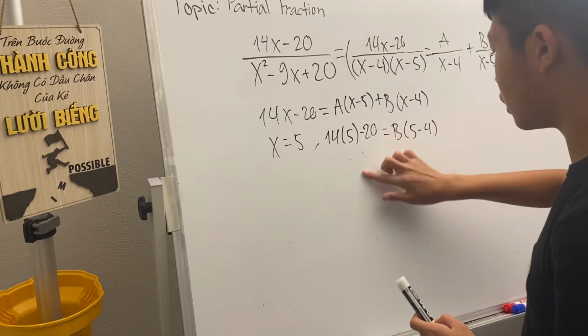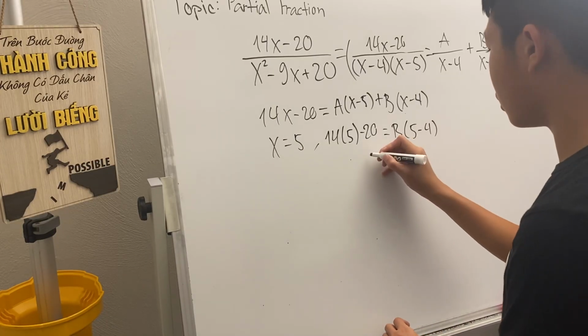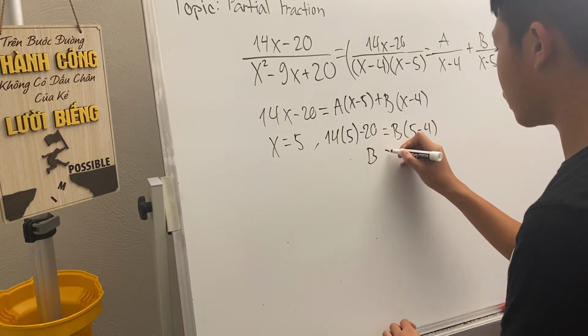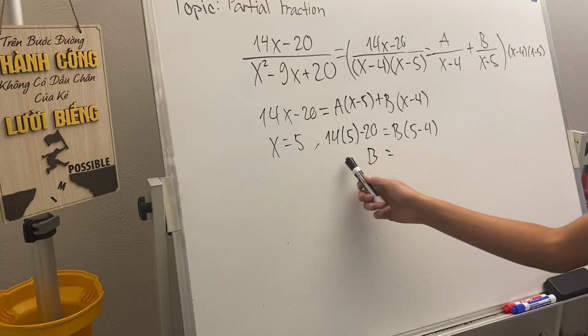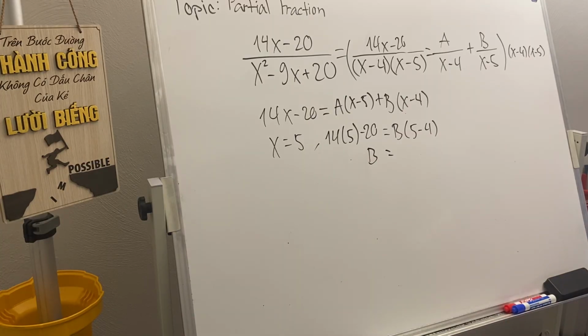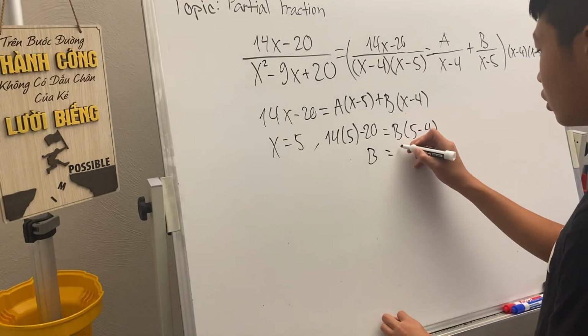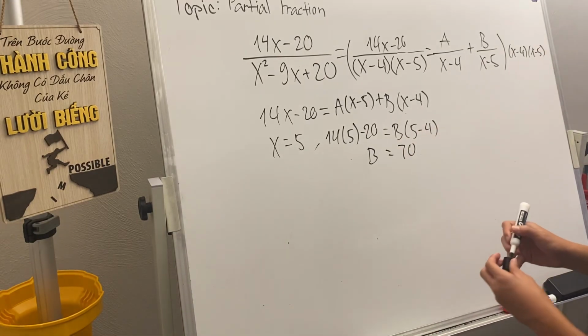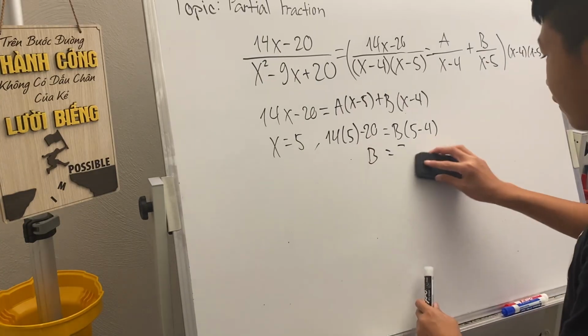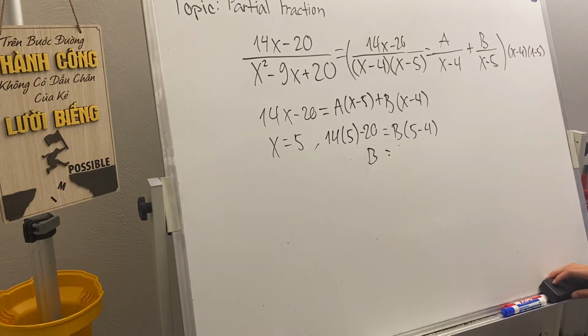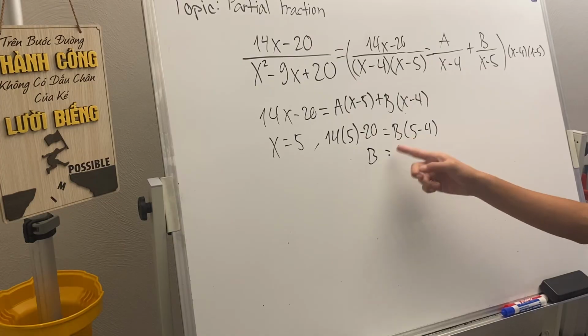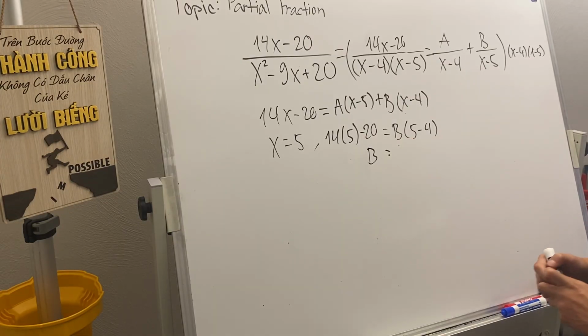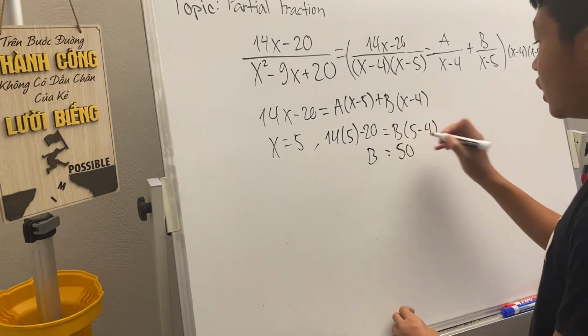So B equals 70 minus 20, which is 50. So B equals 50.